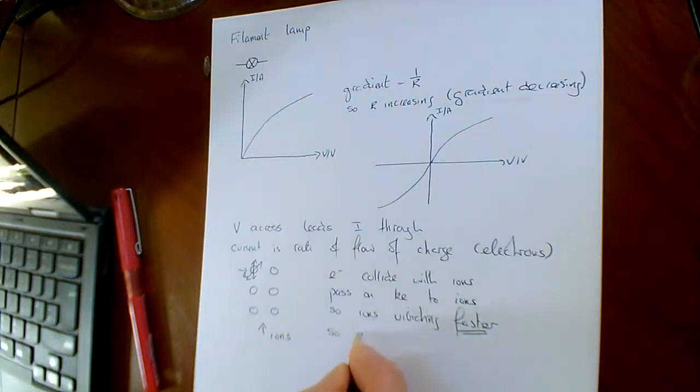So the free electrons have more chance of colliding because these ions are now vibrating faster than they were. They're getting in the way more. So more collisions occur.